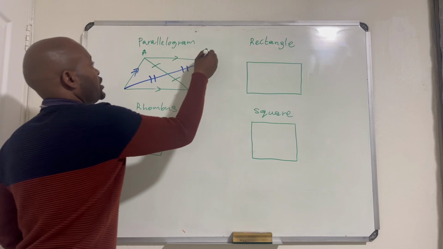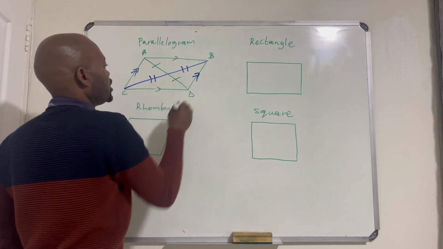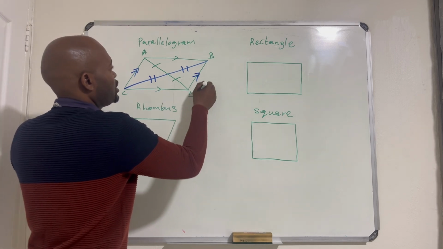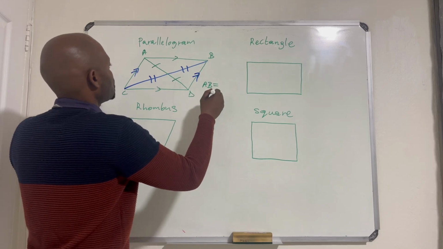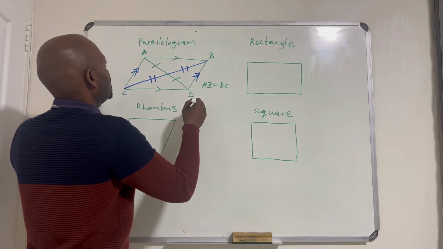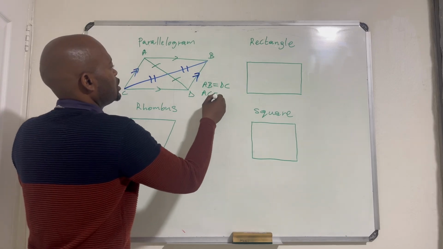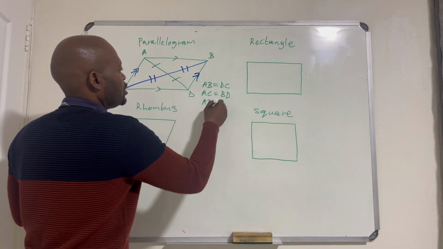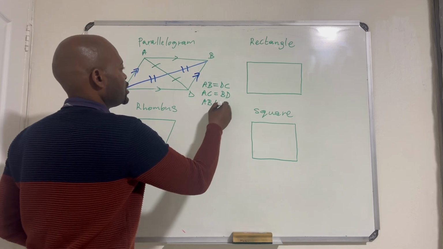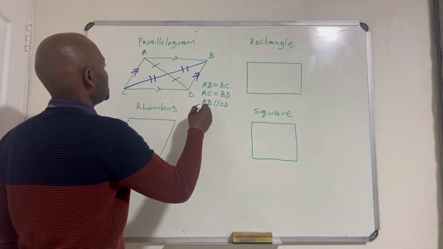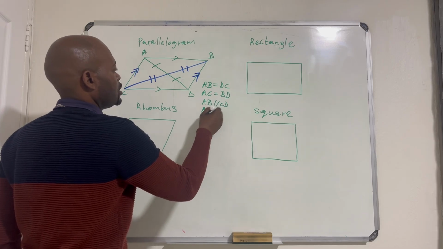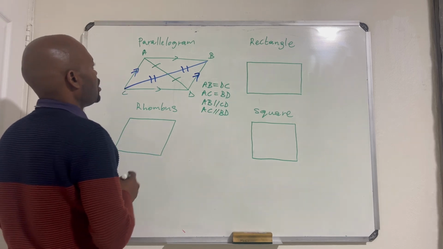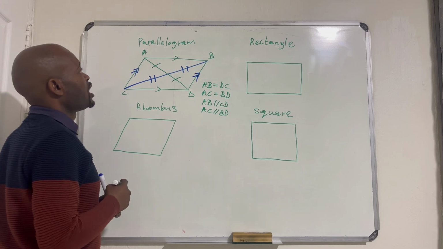If we have A, B, C, D, then the properties are that AB is equal to DC, and AC is equal to BD. AB is parallel to CD, and AC is parallel to BD. Opposite angles of a parallelogram are equal.